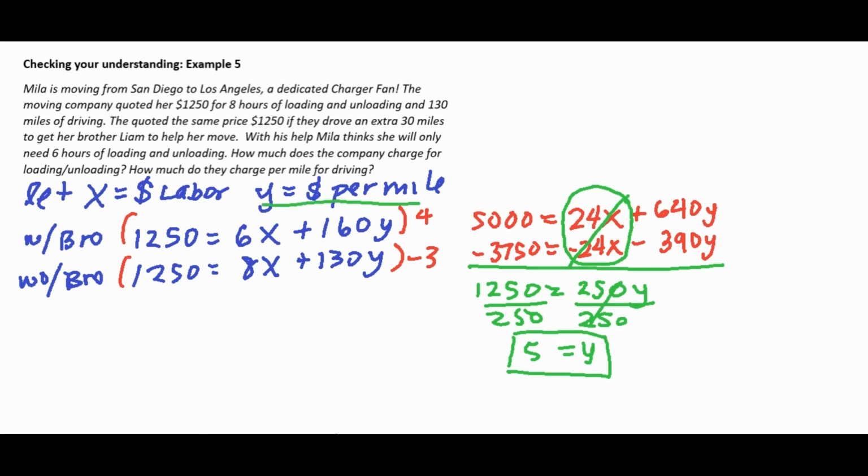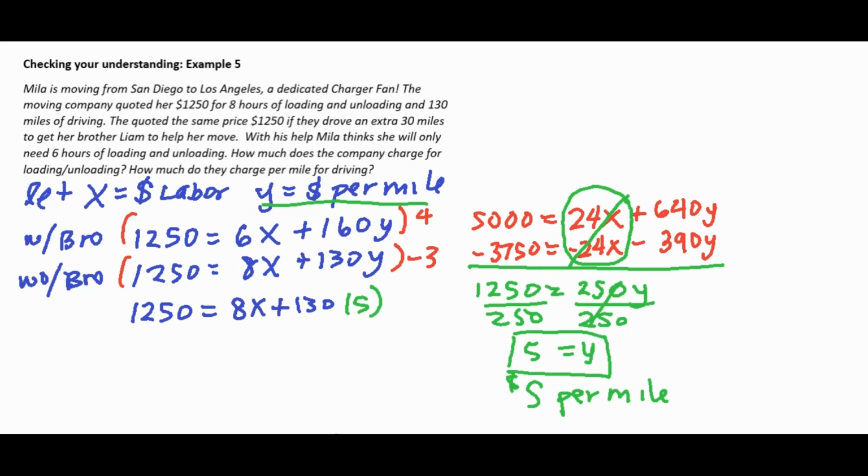Now part of this problem requires that we understand what 5 means in this equation. When we look back at what we let y equal, the cost per mile, the company is charging us $5 for every mile traveled. Now we're going to plug that 5 into one of our original equations. We take 8x plus 130y, replace y with the 5 that we found, and that's going to equal 1,250.